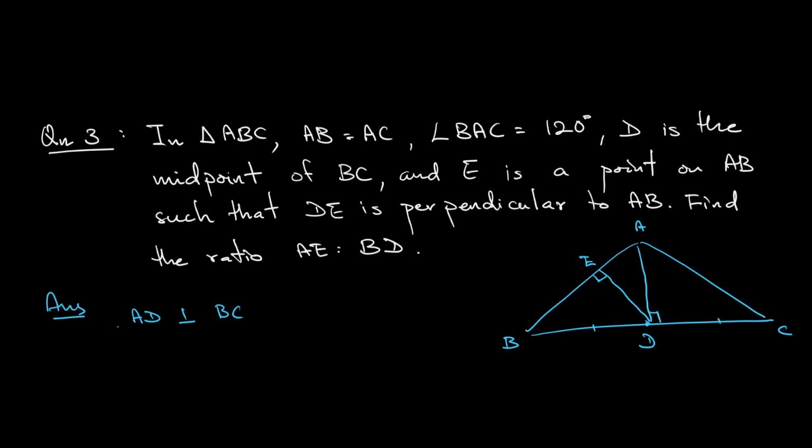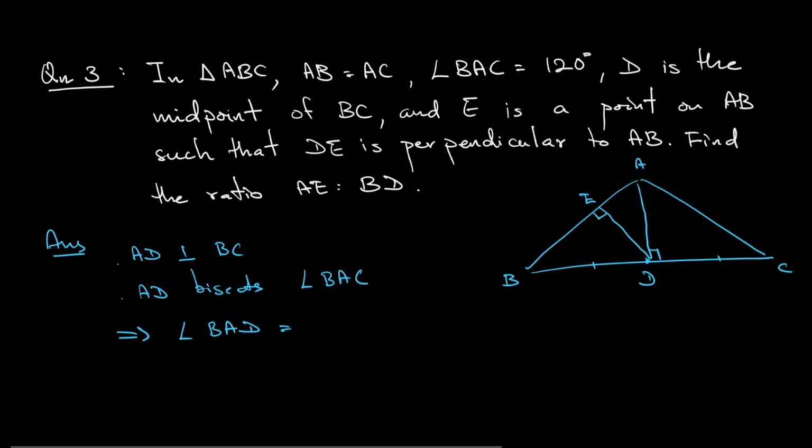And also that AD would also bisect angle BAC. Bisect angle BAC meaning that it divides the angle BAC into two equal angles. So meaning here angle BAD is equal to 120 divided by 2, so 60 degrees.